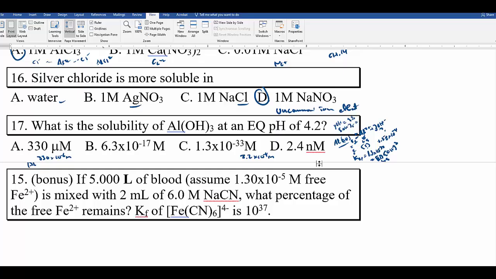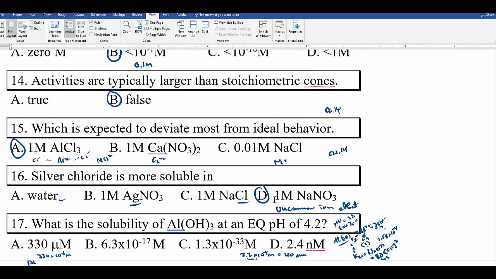And so if I go 10 to the minus 6 here, this would be 320 micromolar. Then move the decimal 1 or 2 over. That gives me 10 to the minus 6. So that would be 320 versus 330. So it's off a bit.